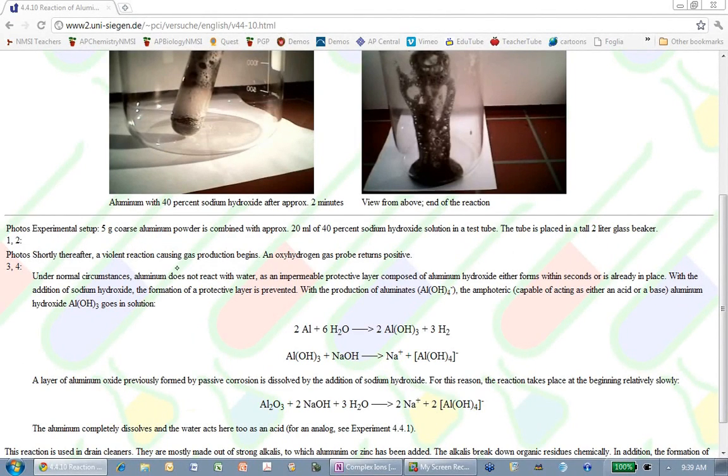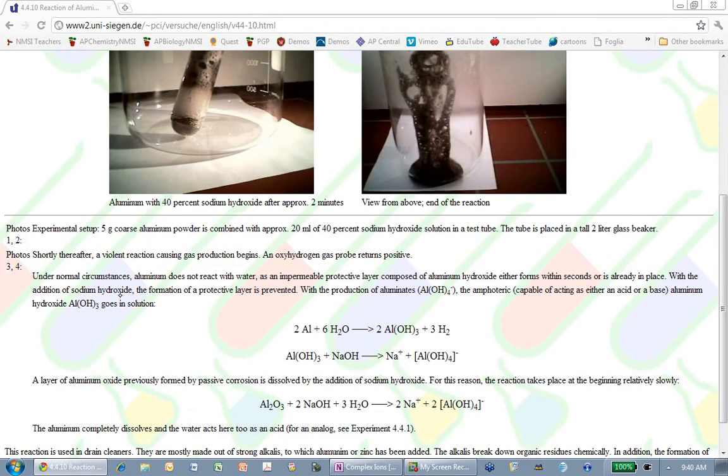Then a violent reaction causing gas production begins, and an oxyhydrogen gas probe returns positive. So it was trying to pick up if you had oxygen or hydrogen gas present, and it came back, well, yeah, you got one of them. So under normal circumstances, the aluminum does not react with water, again, because there's an impermeable protective layer composed of aluminum hydroxide, which either forms within seconds or is already in place.